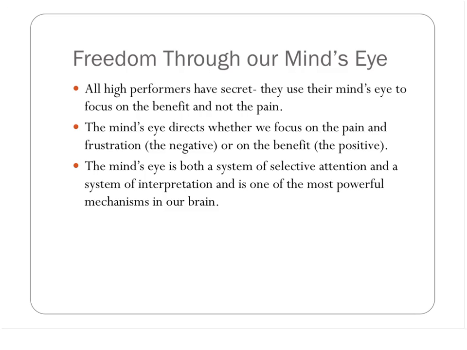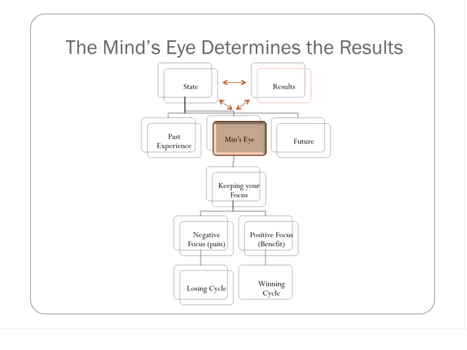So, look here. The mind's eye determines the results. You have the state, you have the results. You have past experiences, you have the future, and your mind's eye is in the middle. Based on your state and results, you try to keep your focus. You could keep it on your positive side or negative side. Your positive side is a winning cycle, and the negative side is a losing cycle.